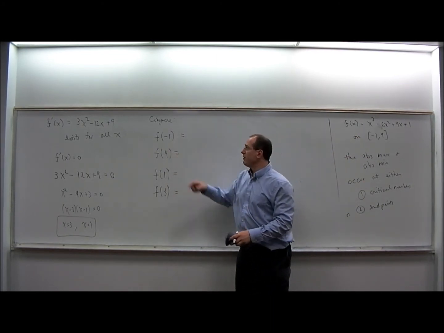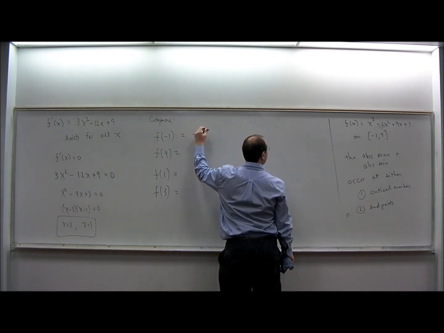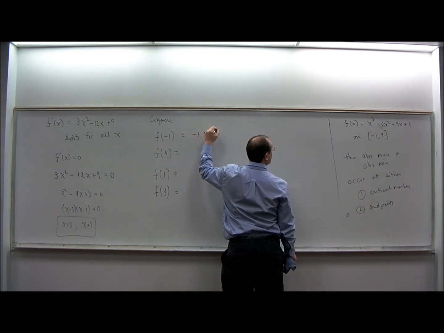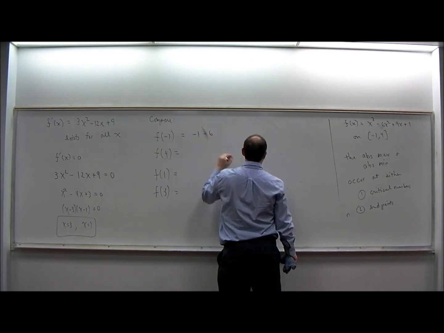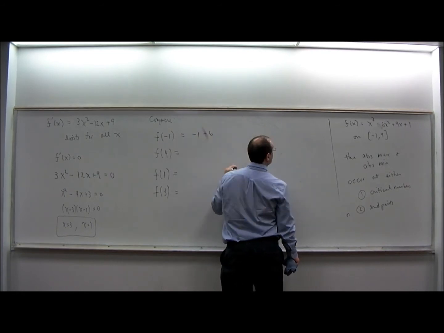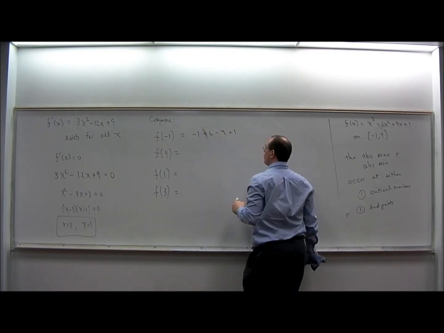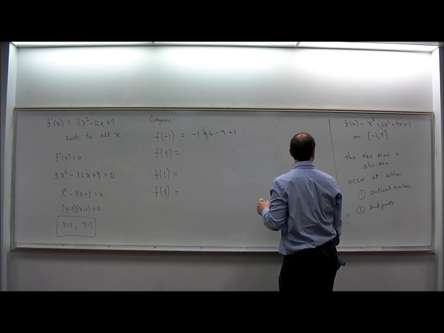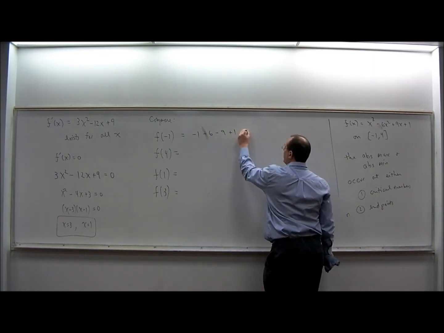If you plug -1 into the function f of x right there, you get -1 minus 6, then minus 9, and then plus 1. So this is -15.